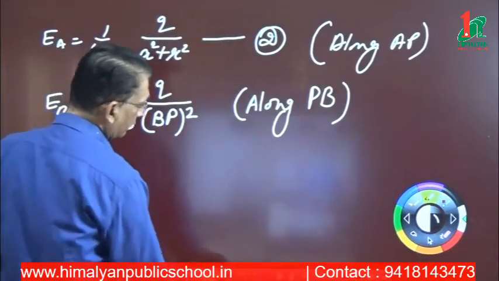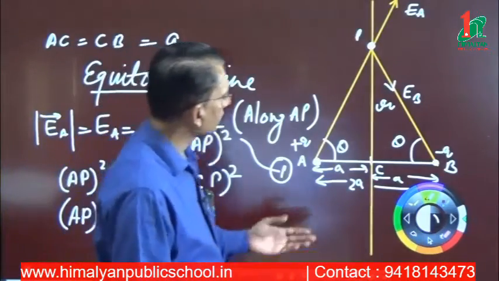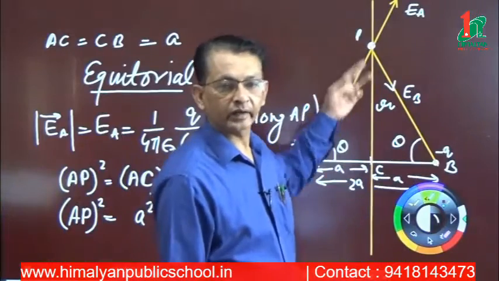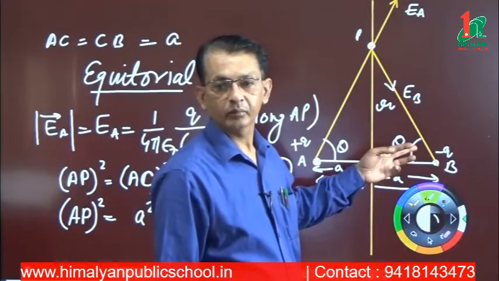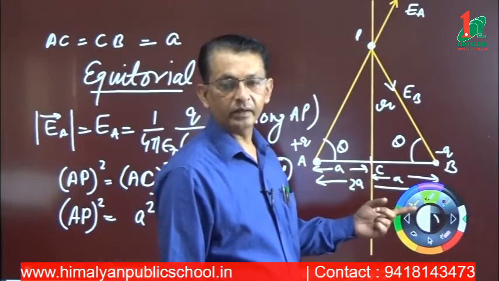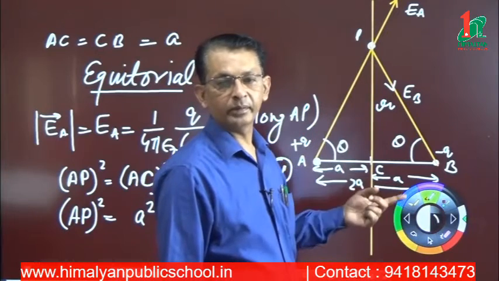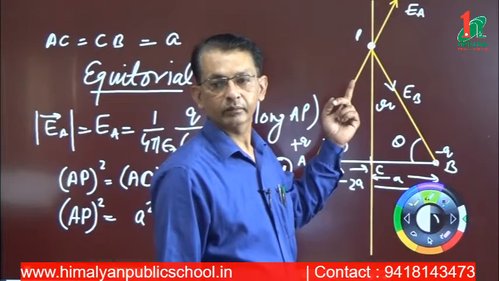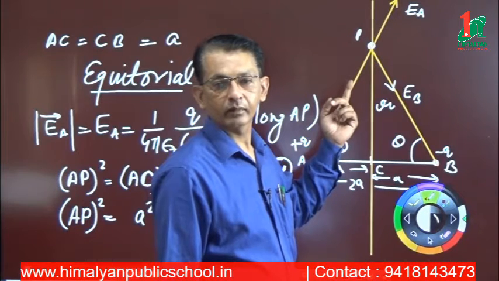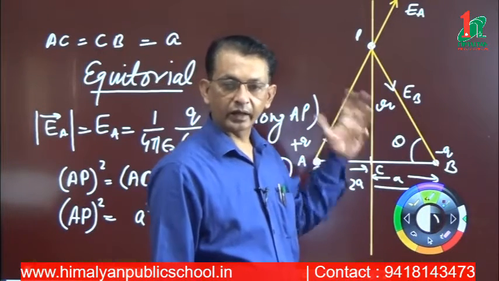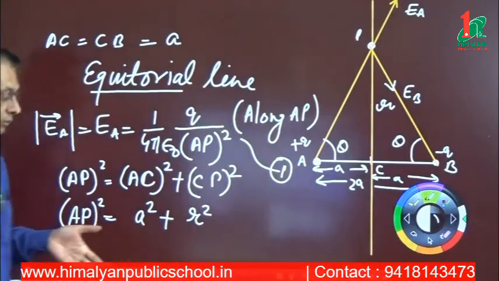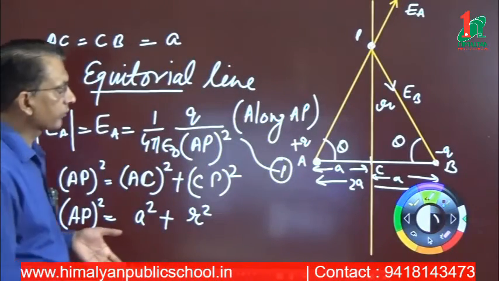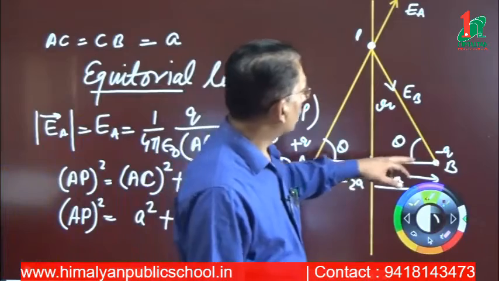Now similarly we will find out here, this is also a right angle triangle. Base is CB, hypotenuse is PB, and perpendicular is CP. We will again use Pythagoras theorem.